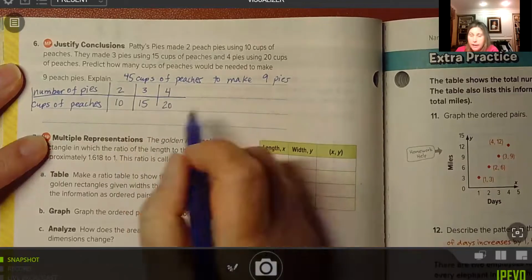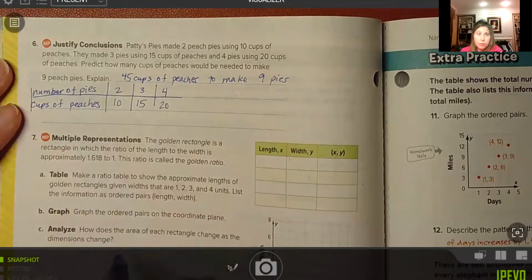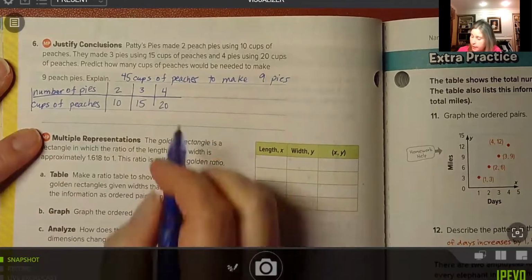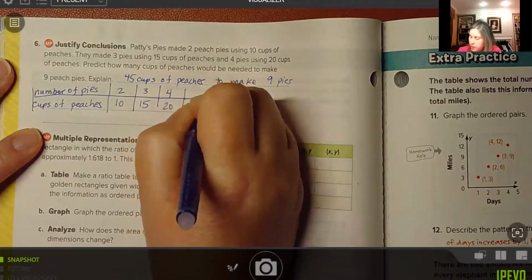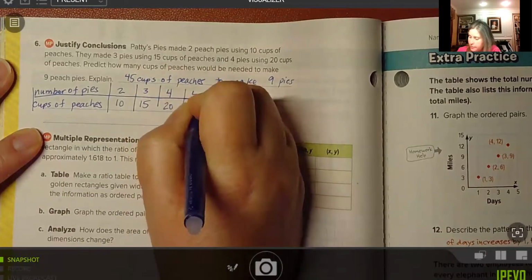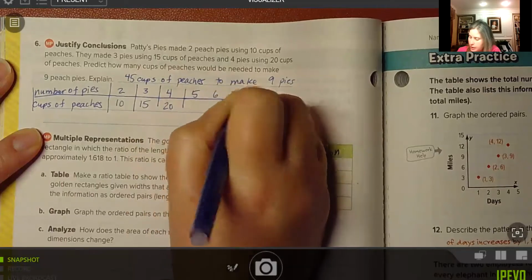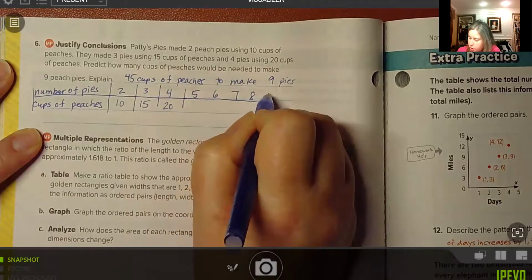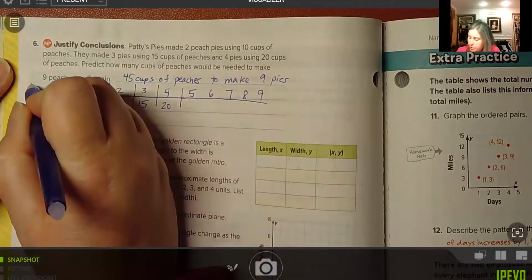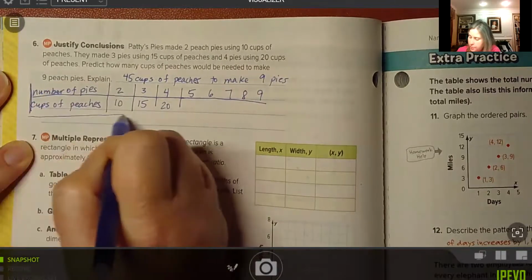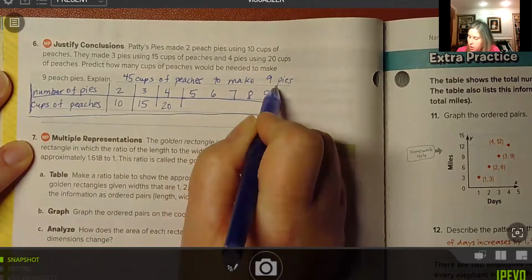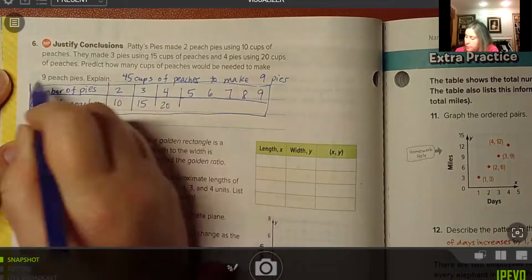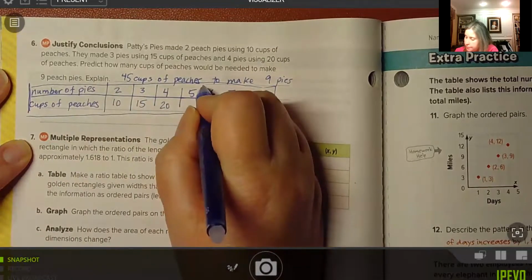And then we're asked to find out how many cups of peaches will be needed for 9 pies. So we can continue the table with 5, 6, 7, and 8 if we want to, or you could just go directly to 9 because you'll be able to see the pattern. So I'll just list all of them so we can be very thorough.